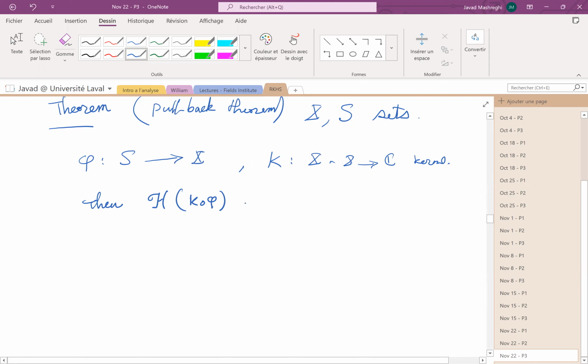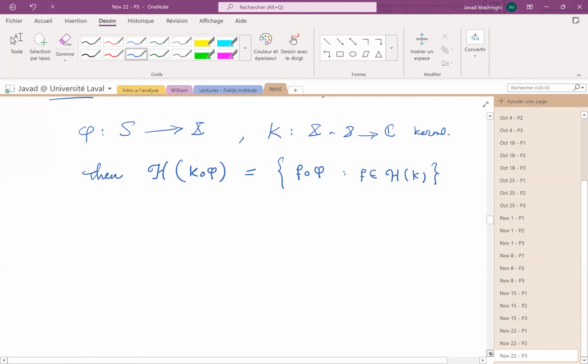And now we can say, what is this space? Is it the space of what you imagine it has to be? F composed with phi, where F is in H_K.